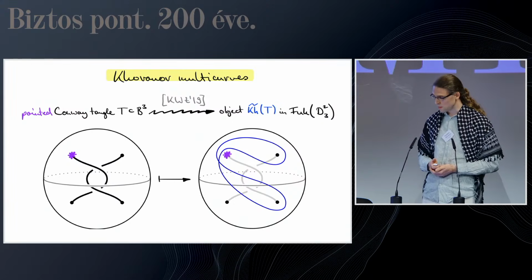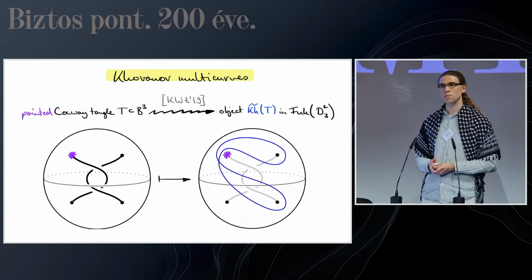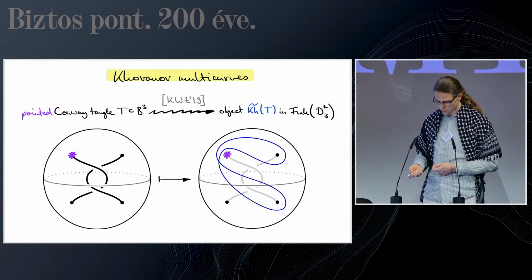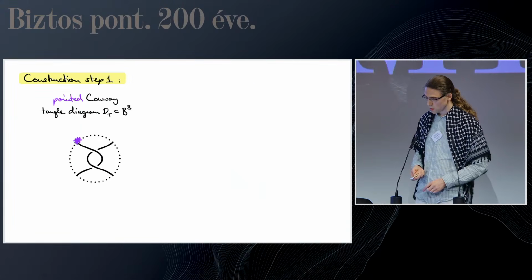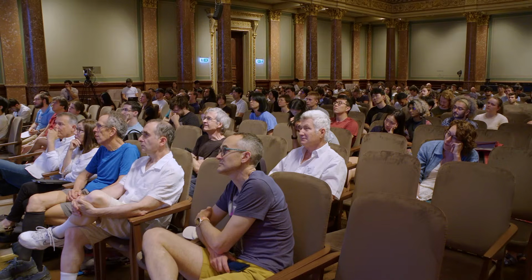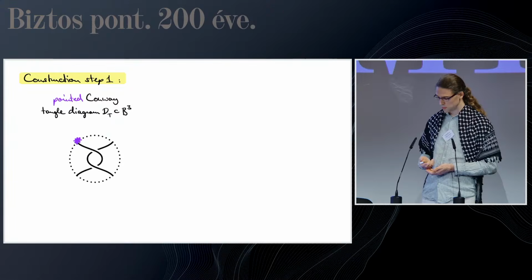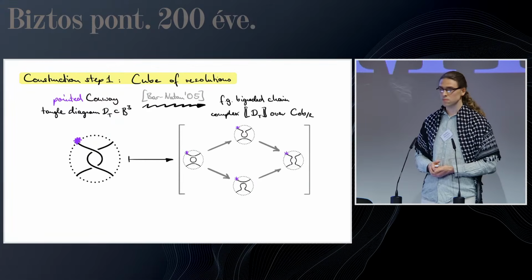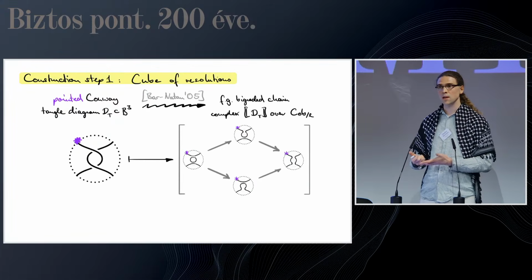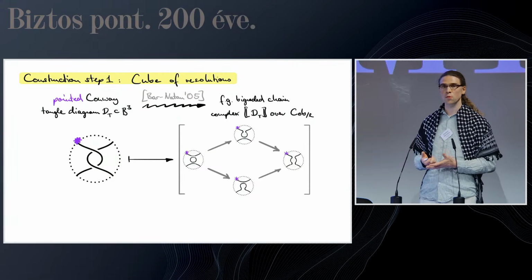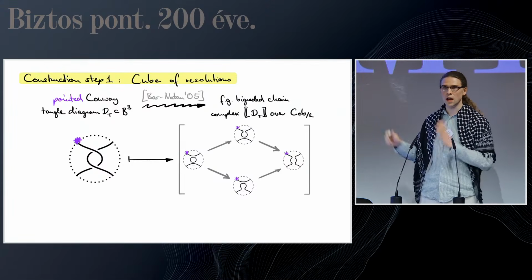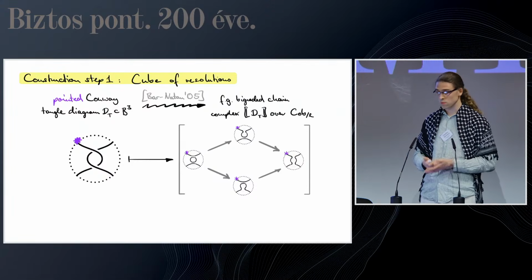So in the first part of my talk, I want to review this construction. Where does this multicurve come from? How do we think about this? Well, we start with a tangle diagram of our tangle with this choice of base point. Then Dror Bar-Natan told us how to think of Khovanov homology locally, what the Khovanov homology of arbitrary tangles, not necessarily four-ended tangles, is.